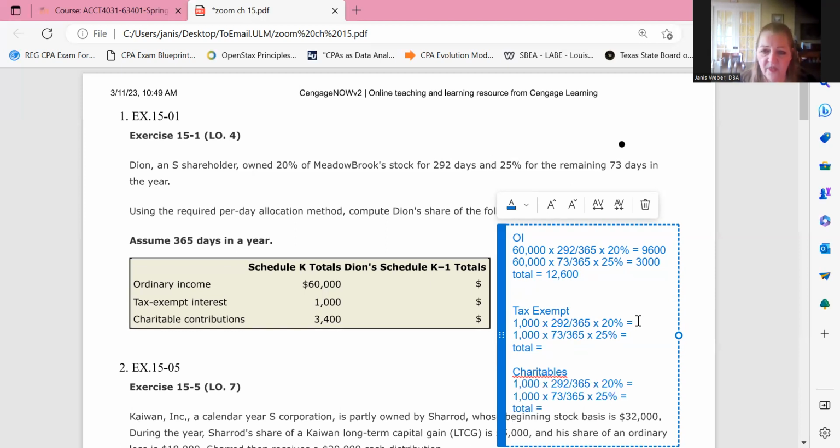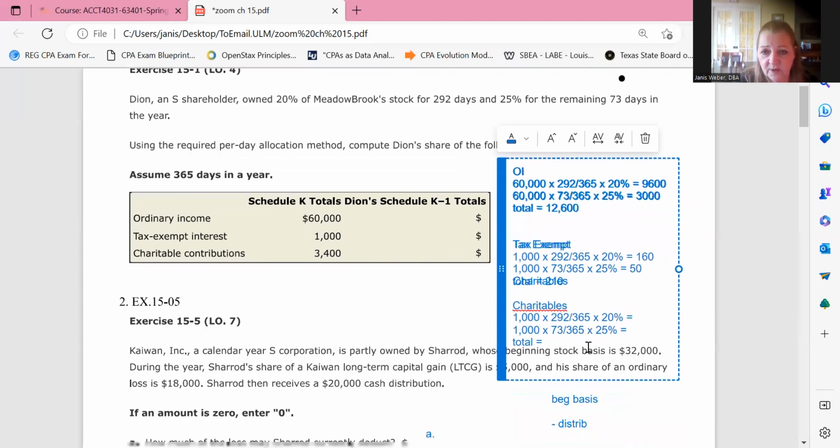So the tax exempt was 1,000 times the 20% times 292 days of the 365, which I calculated to be $160. Then when you take the 25% ownership, that's only for 73 days, multiplying 1,000, which is tax exempt interest, times 73 divided by 365 times the 25% ownership for that part of the year, I think that's going to put us at $50 for that period of time. So then when you combine 160 and 50, you're going to come up to 210. And that's the answer they want for tax exempt interest.